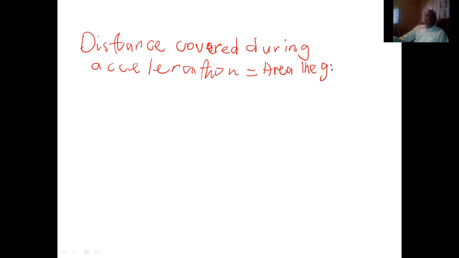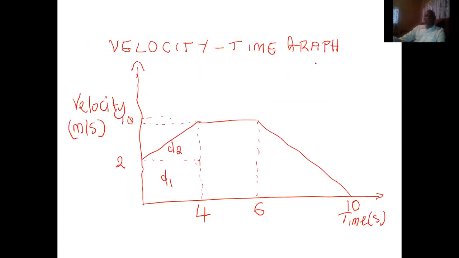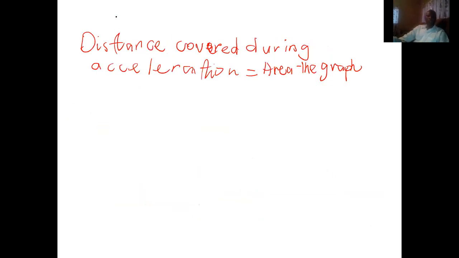The area under the graph. We have already partitioned the area under the graph into distance 1 and distance 2, which is the area under the curve for distance 1 and distance 2. For distance 1, the area will be that of a rectangle, which is the length multiplied by the height.